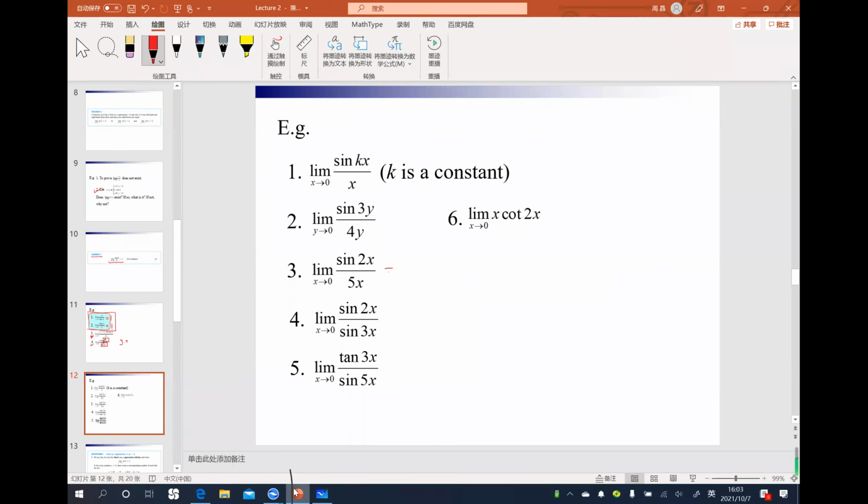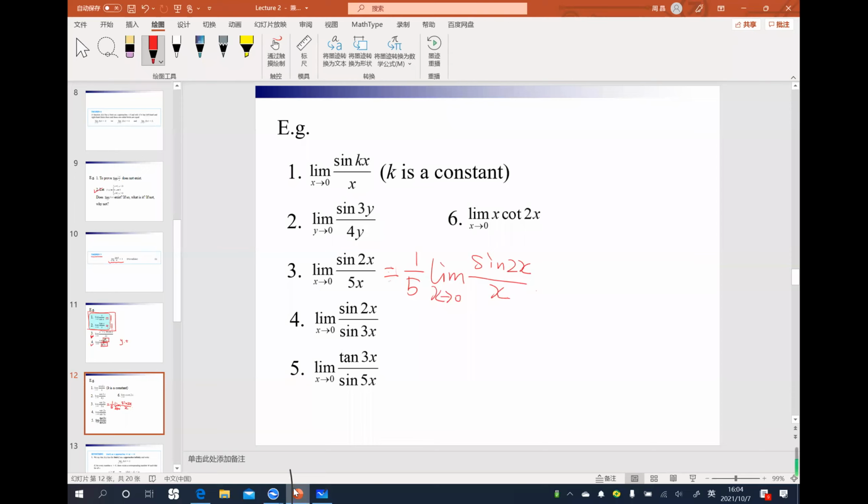So here I will write. First, we can take the constant out. Which constant? That is 1 by 5, times the limit as x approaches 0 of sine 2x by x. Right, guys?